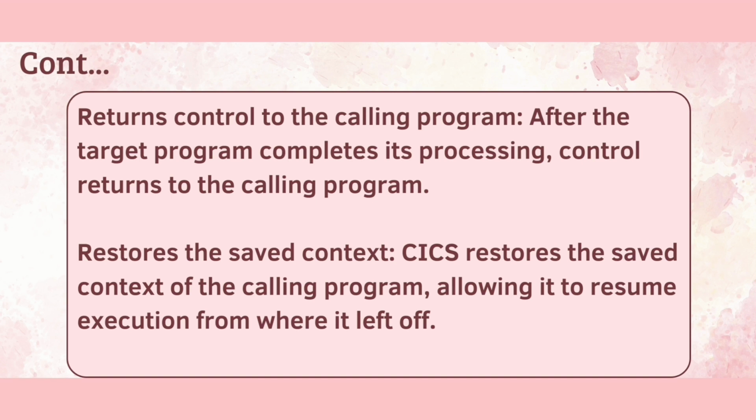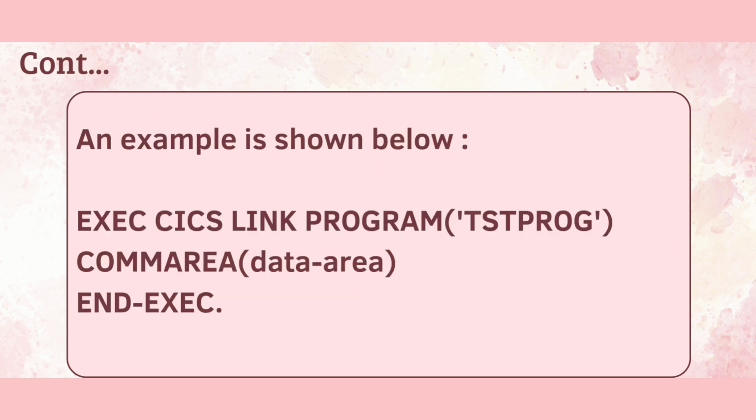Next, it restores the saved context. CICS restores the saved context of the calling program, allowing it to resume execution from where it left off. Here I have given an example. Please look at it.